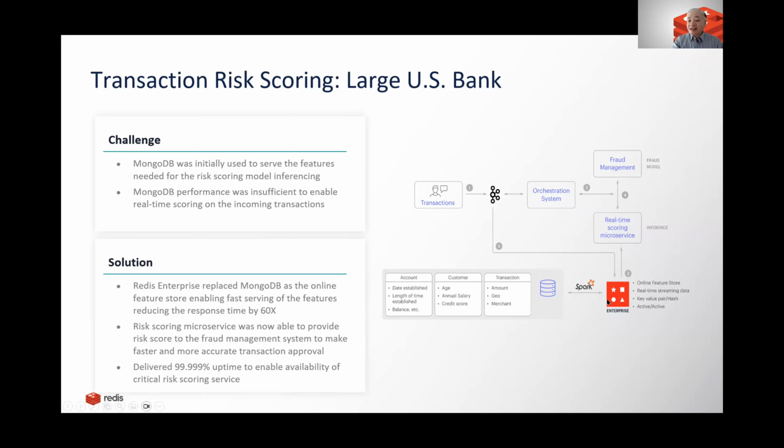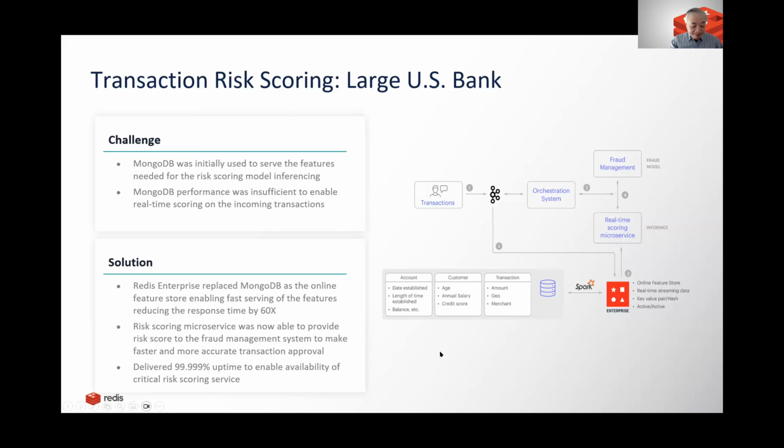And because Redis Enterprise has all those enterprise features around availability and active-active replication, we can deliver five nines of availability to ensure that something as critical as fraud detection never goes down, especially during peak traffic.